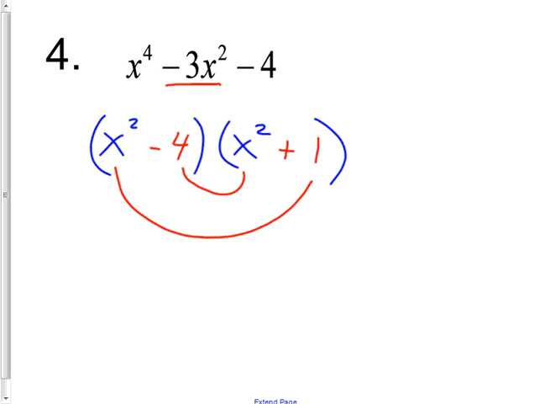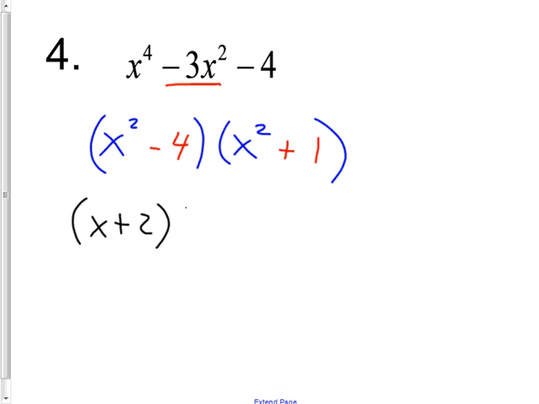But if your kid left it that way, they lose points. Who in here noticed? You noticed. Tell me. That is correct. So this is worth half credit. Whole credit is if you caught that it's x plus 2, x minus 2. That is going to happen a lot when we test you.